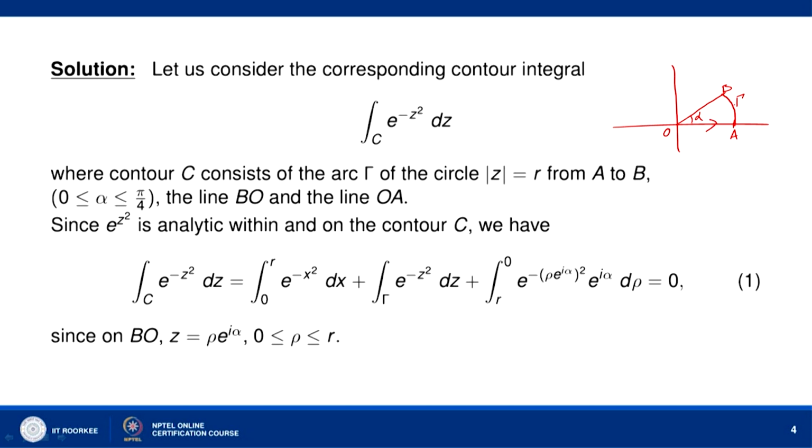So, this is O, x, y. Our contour is the line OA, the arc gamma and the line BO.